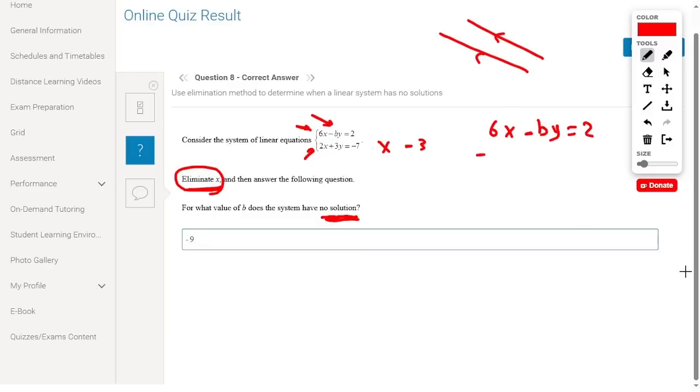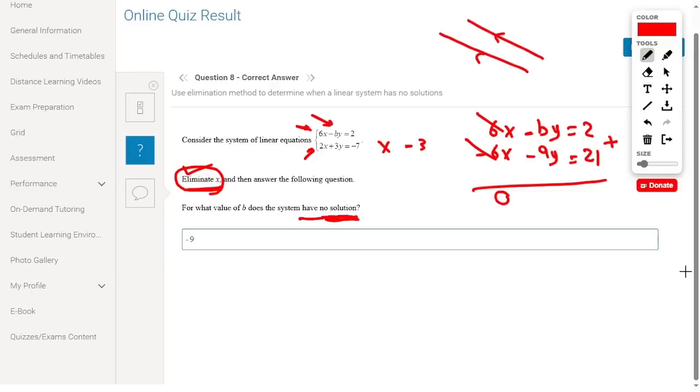So we'll have minus 3 multiply 2x, it will be minus 6x, negative 9y equal to 21, right? We'll multiply both sides with negative 3. Now we'll do add. So 6x minus 6x equal to 0. So we eliminated x.